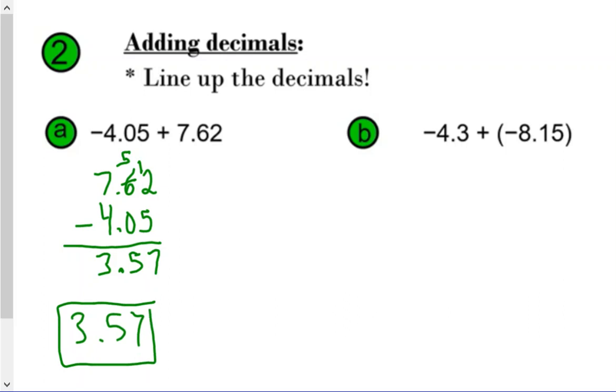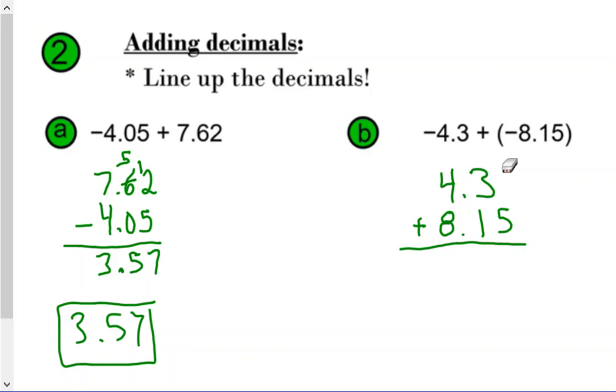Alright, in example B, you'll notice that we have a negative 4 3/10 plus a negative 8 15/100. So both of our numbers are negative, so we're going to keep that negative sign in our answer, and then we can just add those numbers together. So we got 4 3/10 plus 8 15/100.